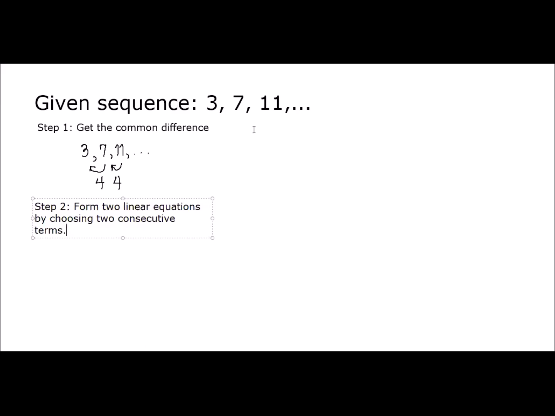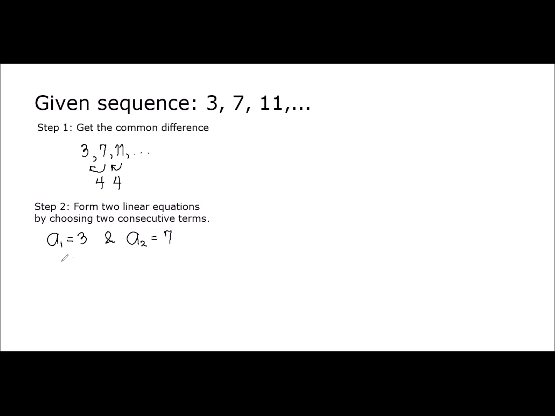So we will choose now a sub 1 and a sub 2. That gives us 3 and 7. Okay? So take note of that. A sub 1 is equal to 3 and a sub 2 is equal to 7.